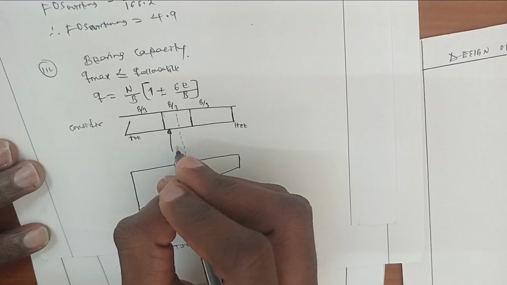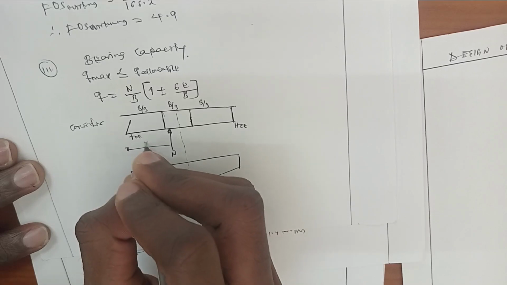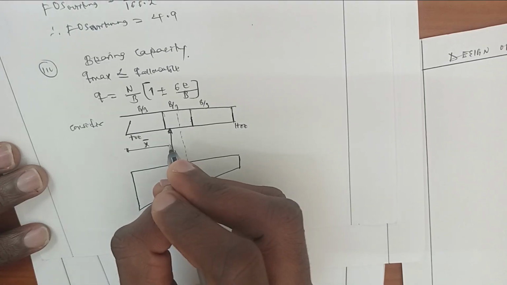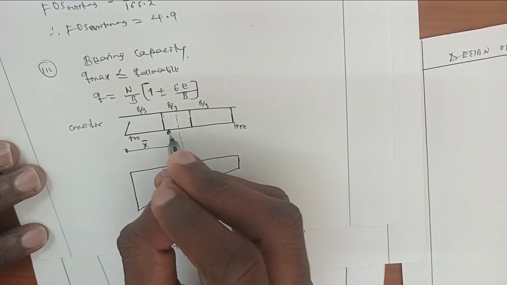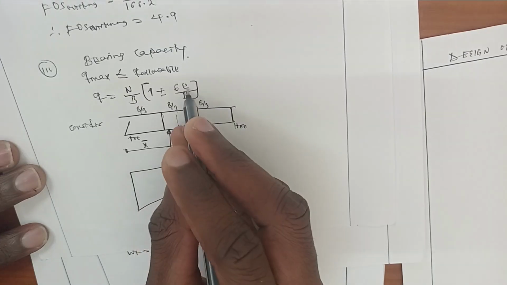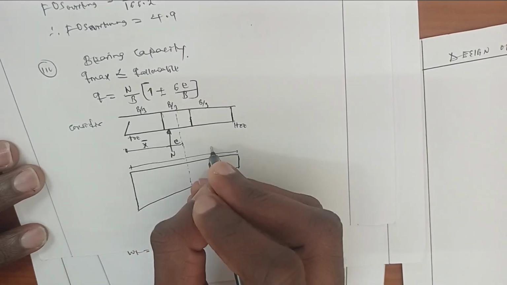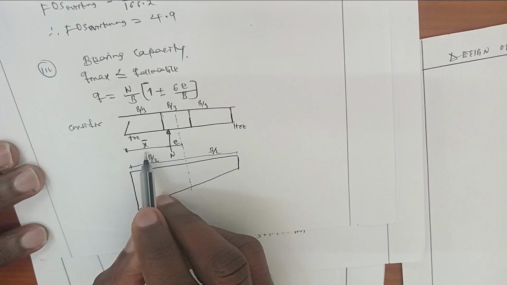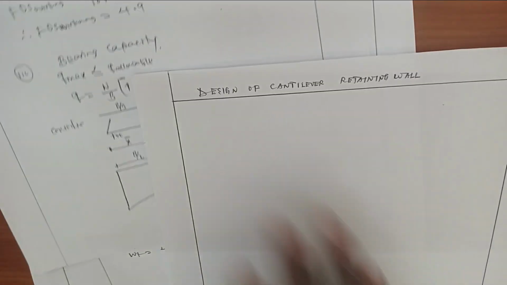This is the location of the resultant force, where it acts, and the distance from where the resultant force acts up to the centroid of the base of the retaining wall is called eccentricity. This is one eccentricity, and this is base divided by 2. Now, how can you determine the location of the resultant force? After that, we will determine the value of eccentricity.